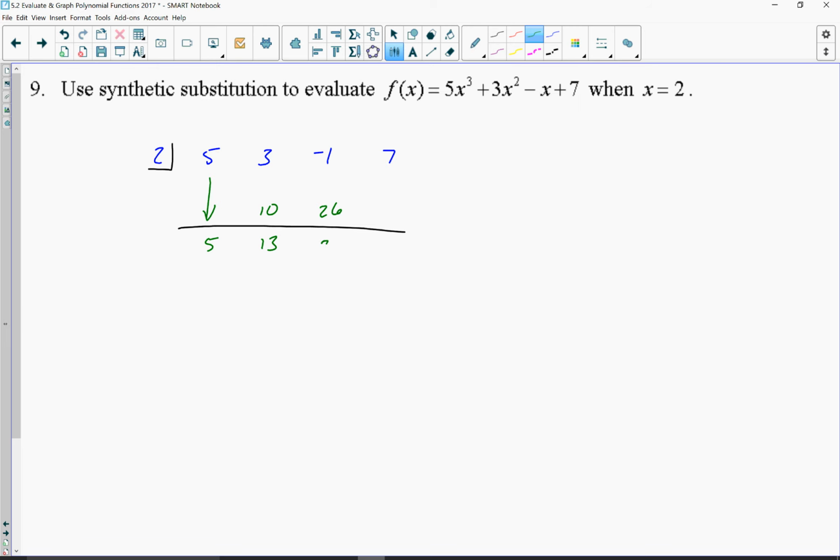Add straight down, you have 25. 2 times 25 is 50. Add straight down, and you have 57. So the answer to this problem, or what you get when you evaluate this polynomial function for x equals 2, is 57. You just have to write your answer, and it's done.